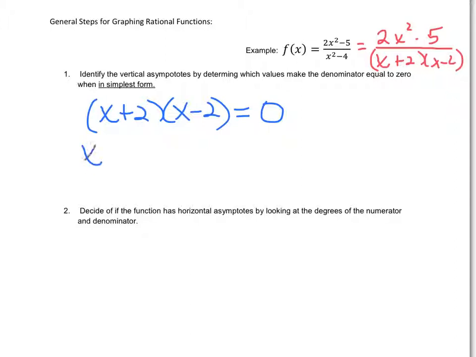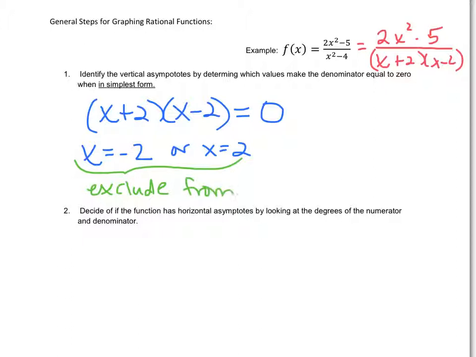So that's going to happen if x is negative 2 or if x is 2. Those two things can't happen. These two things I would have to exclude from the domain. Okay, x is not allowed to be either one of these because then I get a 0 in the denominator.